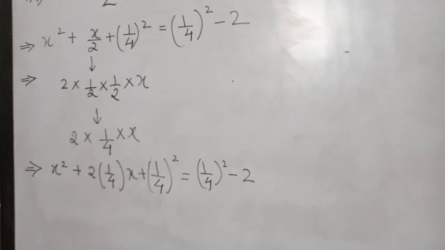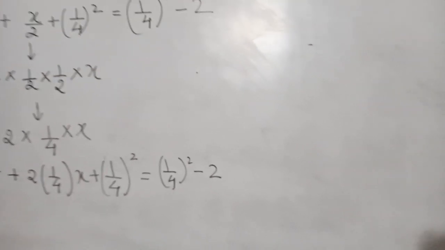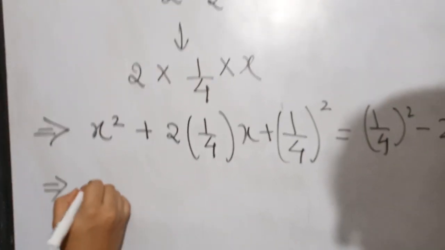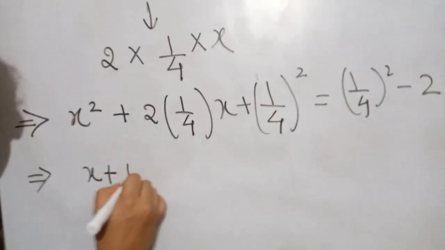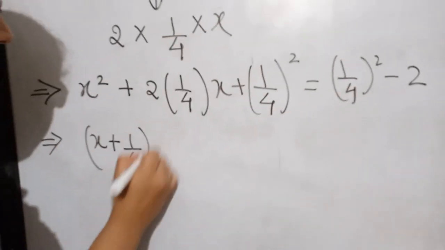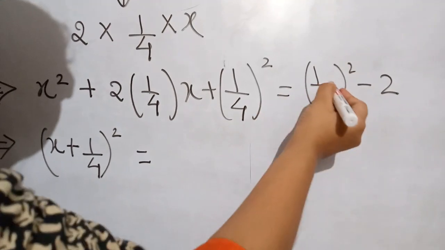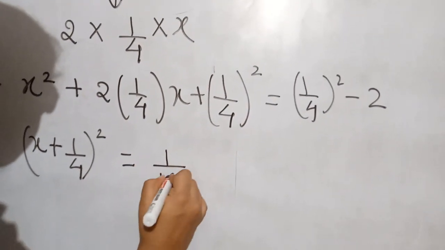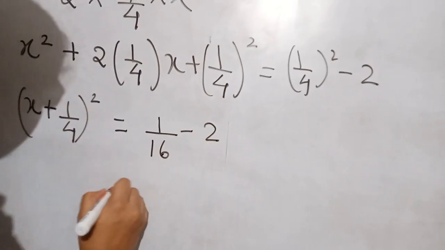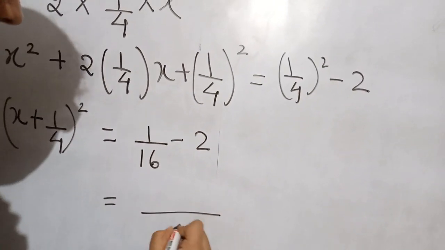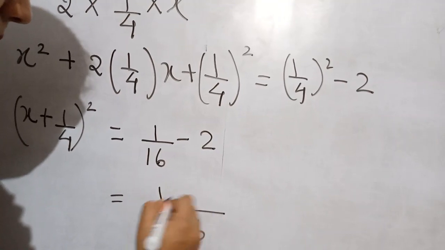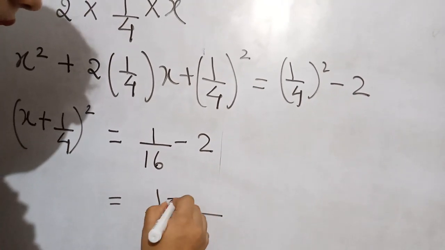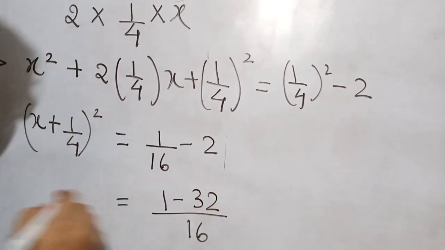Okay. Now let us write this in the form of a plus b whole square. What will we get? We will get x plus 1 by 4 whole square, which will be equal to, let us open up the brackets, let us solve this. This will be 1 upon 16 minus 2. LCM will be 16, this will be 1, 2 16s are 32.